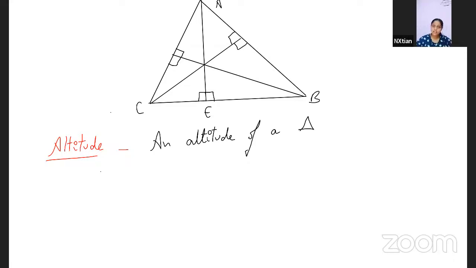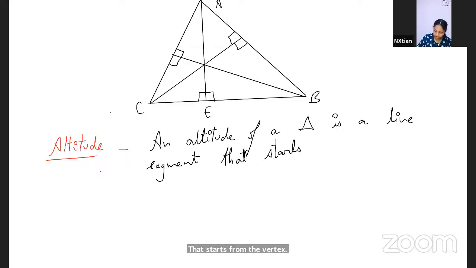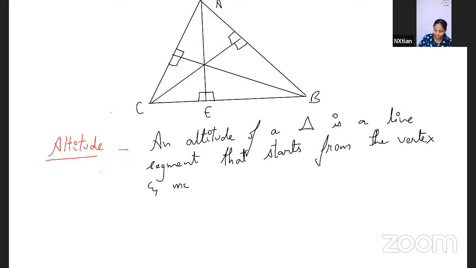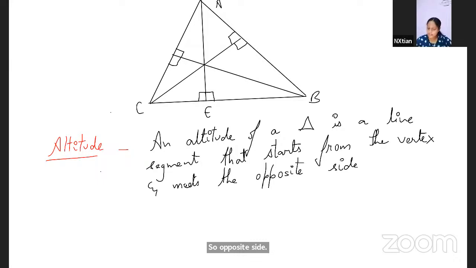An altitude of a triangle is a line segment that starts from the vertex and meets the opposite side at right angles.